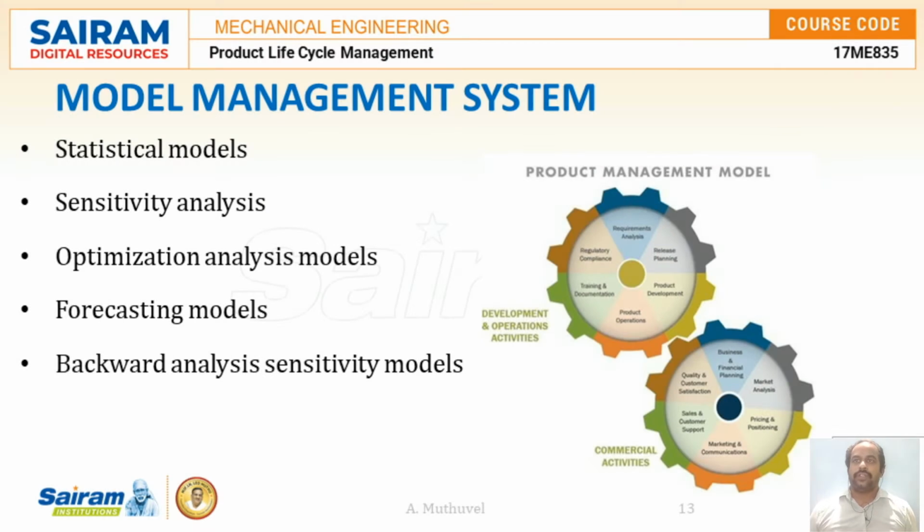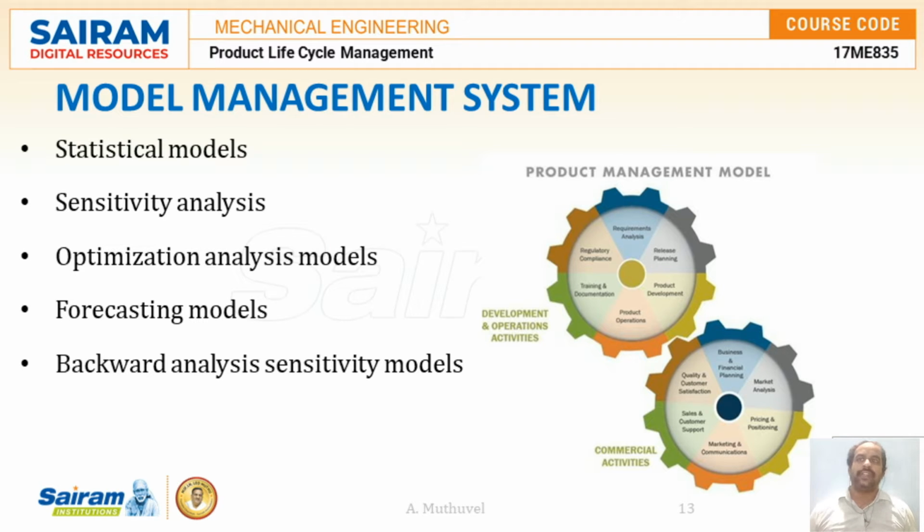Now we are going to discuss the model management system, that is, the different types of models available for making a decision. The first one is the statistical model, that means data and figures. Then sensitivity analysis, that means identifying why something is going to fail, the sensitive factors.